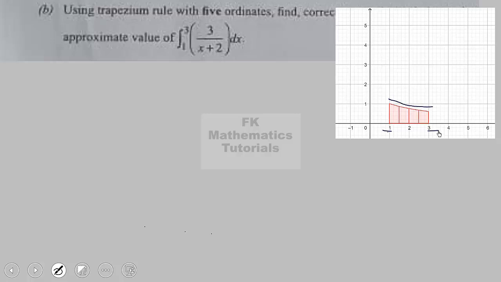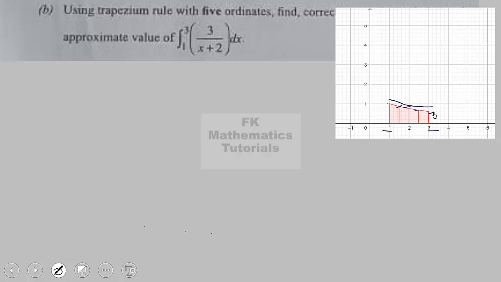So we need to use 5 ordinates. 5 ordinates means the y values here are 5: 1, 2, 3, 4, 5. Good. So if there are 5 ordinates, then there are 4 trapezia. 5 ordinates will form 4 trapezia.